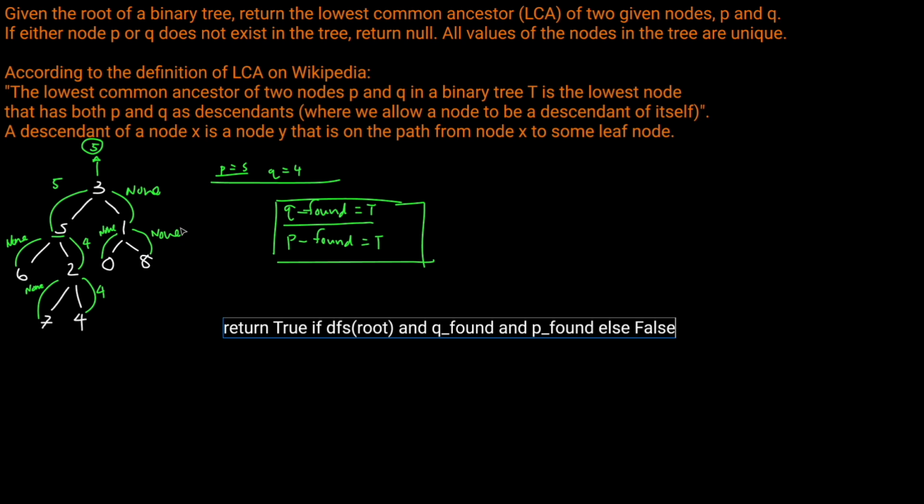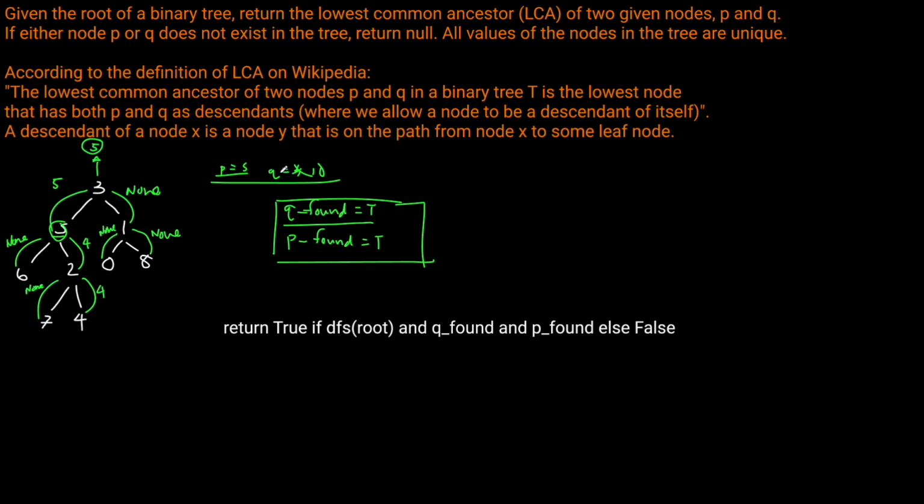Because for example, if you remember, when we had the case where P was 5, but Q was actually 10, our function here, if we ran this, would still return 5 here, because we did find a node 5. But since we never found 10 because it doesn't exist in the tree, we could be lured into saying, oh, actually we found an LCA.